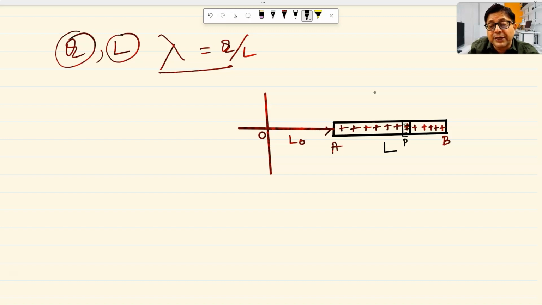The elemental portion we are taking as PQ. This elemental portion is at a distance x from the origin and it has length dx. We are interested in finding the field on the x-axis at the point O. Right now we are not going to find it along the y-axis.